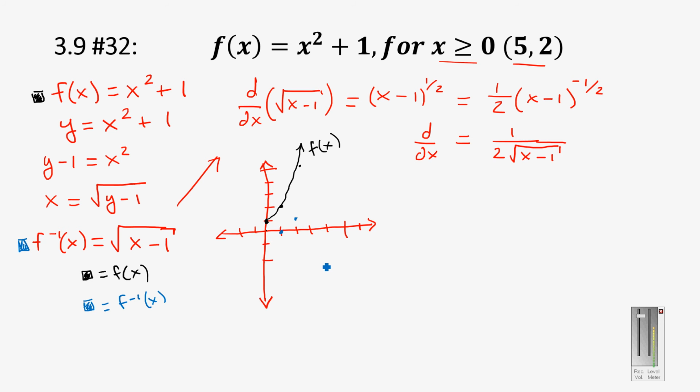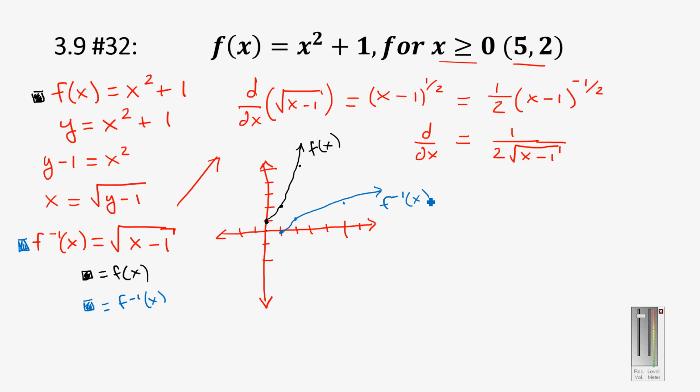And then last but not least, let's say at, what can we do that's easy? 3 gives me square root of 2. 4 gives me square, how about 5? 5 minus 1 is 4, square root of 4. And we used 5 up here, so I guess that kind of makes sense. Square root of 4 is 2, so we end up with a point right about here. So we can see that it definitely does mirror what's going on the other axis. So there's f minus 1 of x.